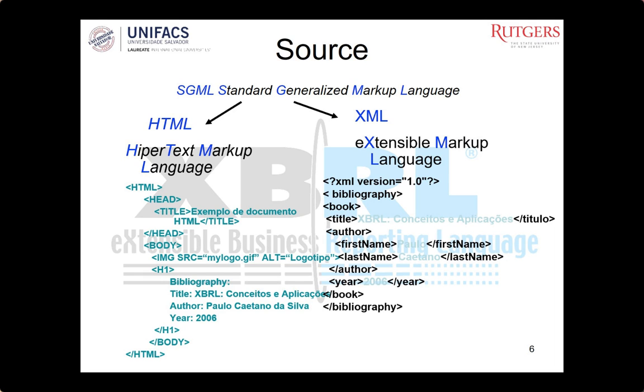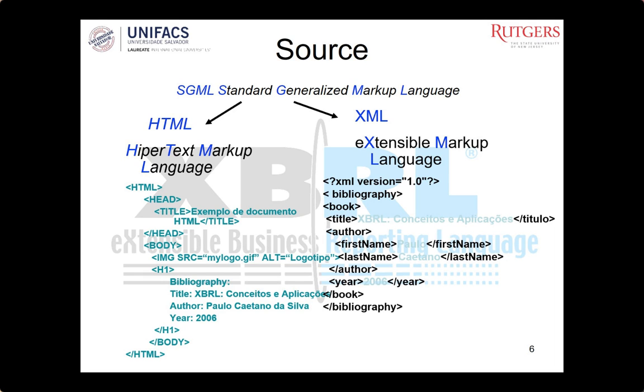XML is called a metalanguage, because XML gives the restrictions and the rules for us to build our specific language for a specific domain.